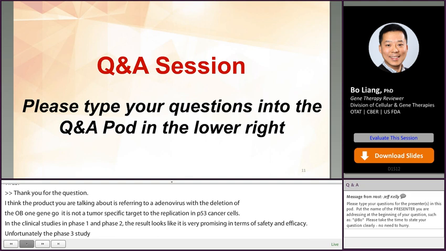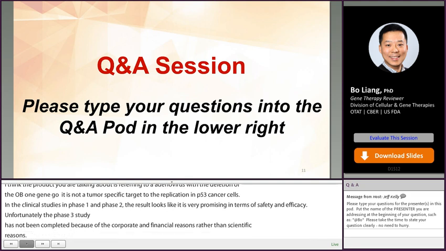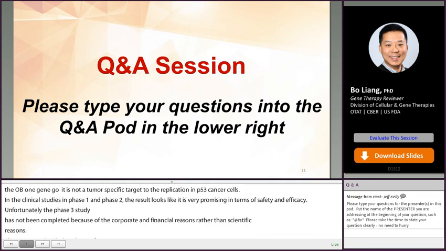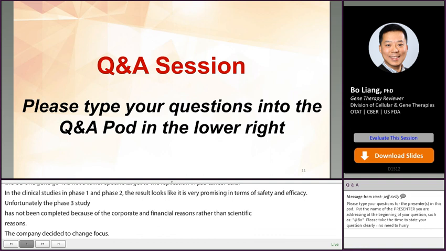And I guess the decision made by this company may have been influenced by several factors at that time, because one of the important thoughts at that time is there was a general skepticism about the validity of the efficacy of oncolytic viruses for tumor treatment.